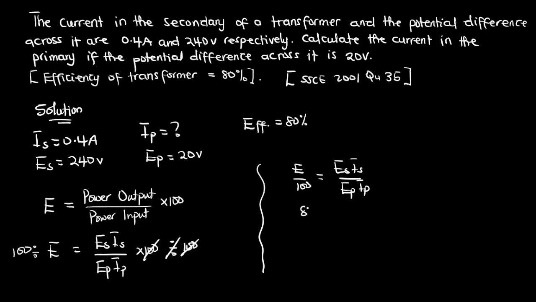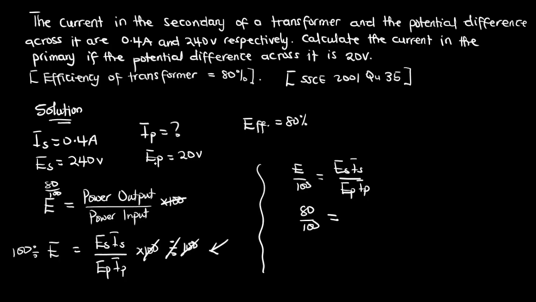So my efficiency is 80, so it's 80 over 100. Are we okay? If you are confused over here, basically once you quote this formula, if you use 80 in place of the efficiency, then you maintain the 100 over here. But if you want to use 80%, as in 80 divided by 100, then the 100 has to go away from here. Are we okay? That's basically why I am doing all these things, right? So 80 over 100, which is the 80% I'm using, means the 100 will no longer be here.